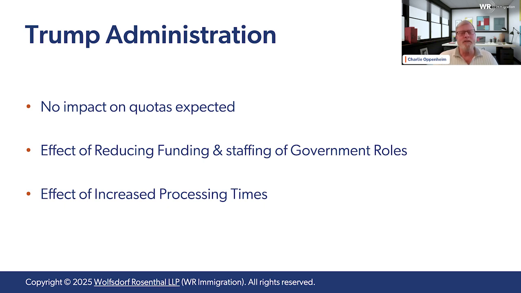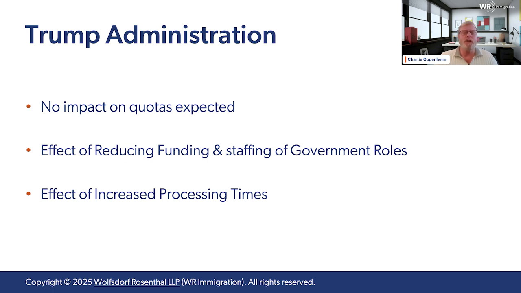So I would think that the Trump administration, in many regards, is going to look very favorably on employment categories. The employment categories provide a tremendous economic benefit to the United States. So again, I would not expect any major changes.